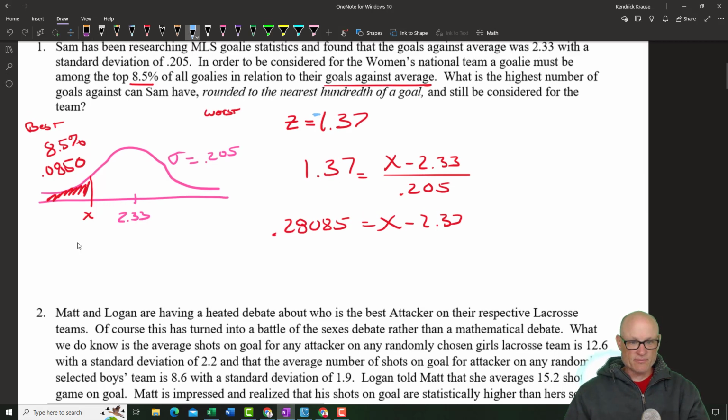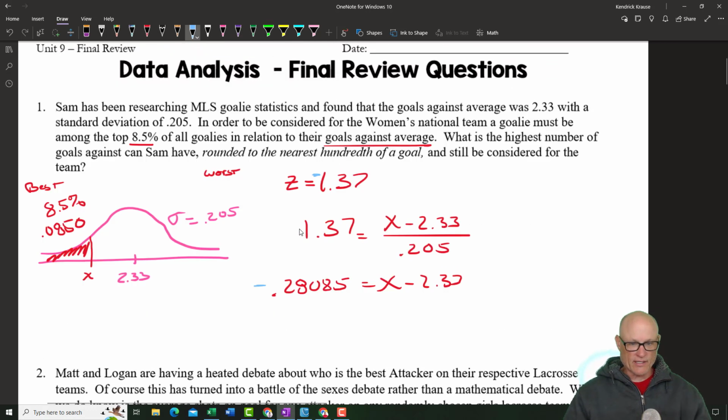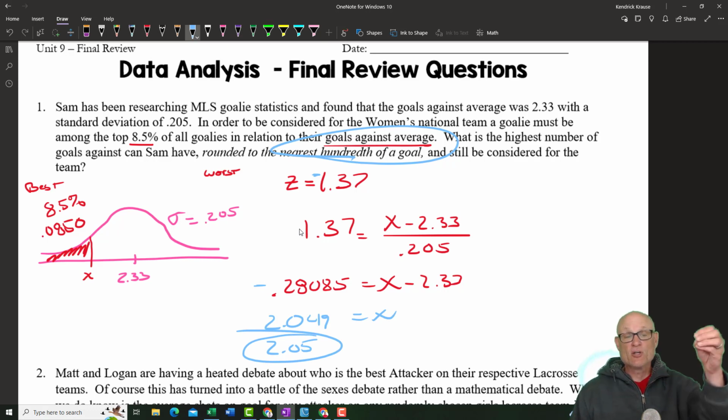And I get 2.049 equals x. Now I said round to the nearest hundredth of a goal, so that's 2.05. So she has to have a goals against average of 2.05, which is better than 2.33. Be careful with that.